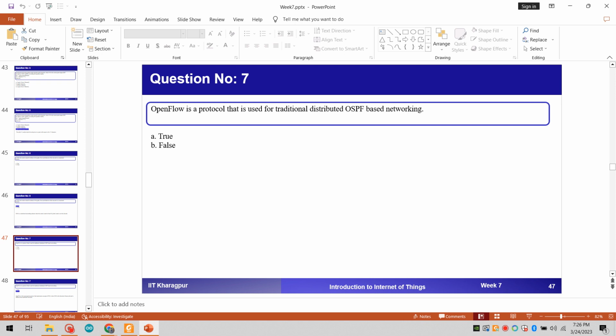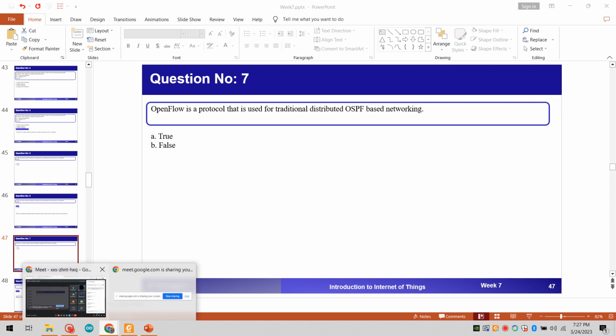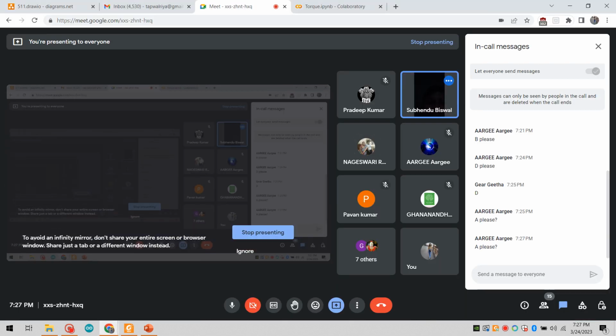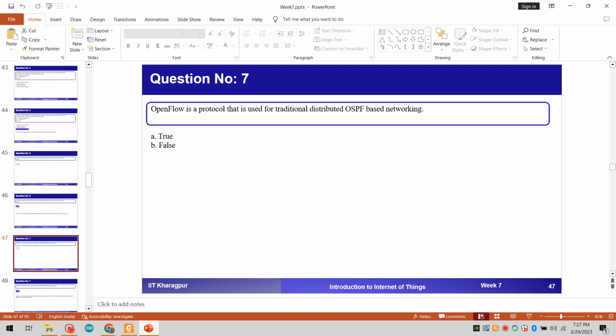False. Okay, others? A. A is true. OpenFlow for traditional distributed OSPF. Okay, others?